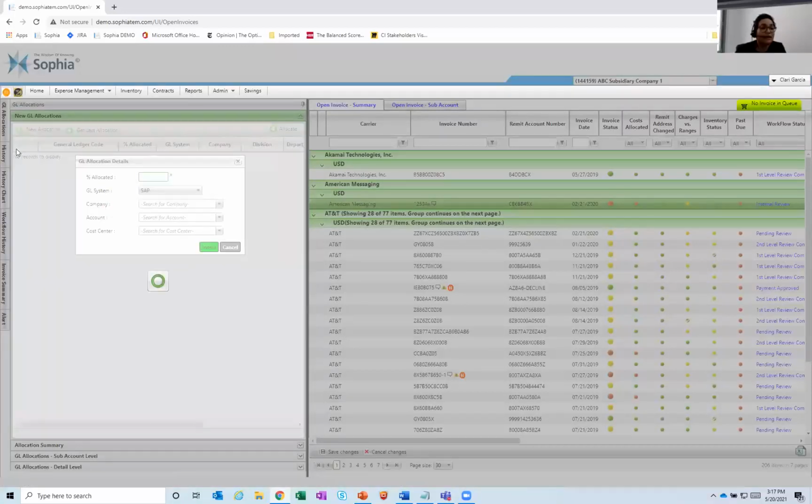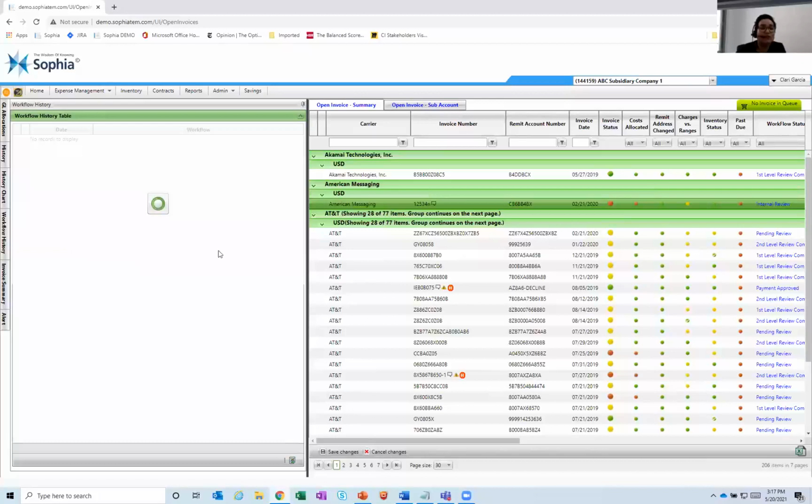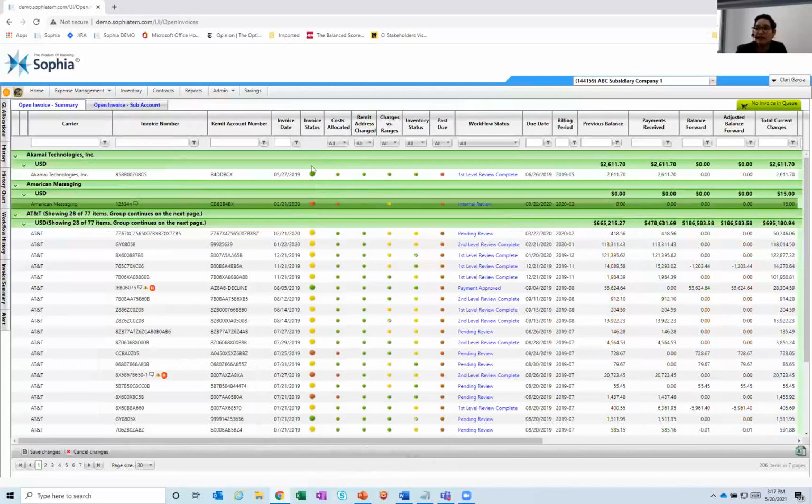We have a history of everything on the account, including the workflow history of who reviewed and approved an invoice, and what the trends in a particular account are from a spend standpoint. So all of those core functionalities that are inherent in telecom expense management are part of this.